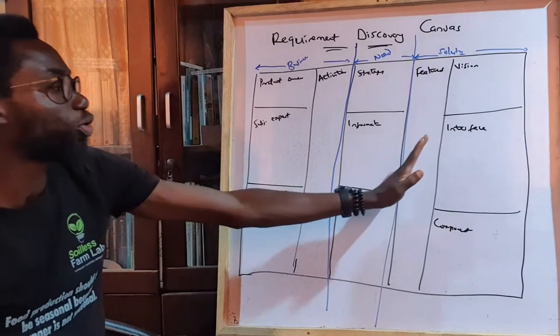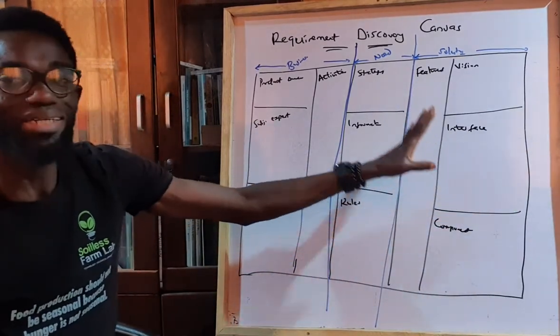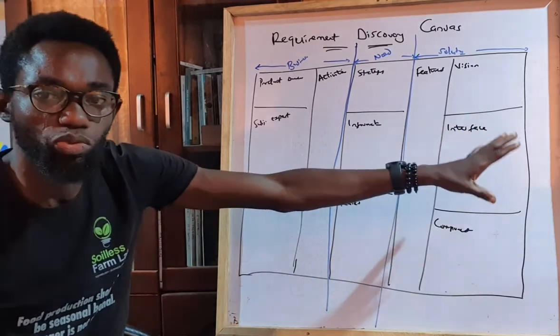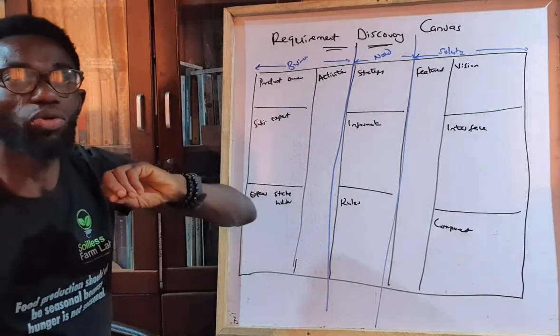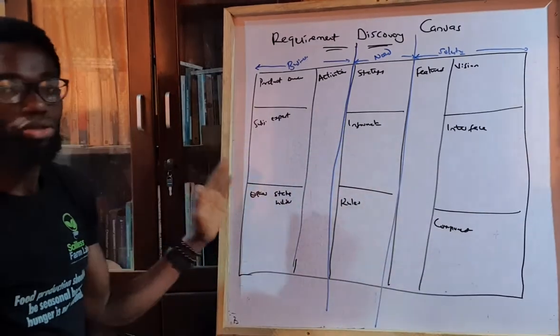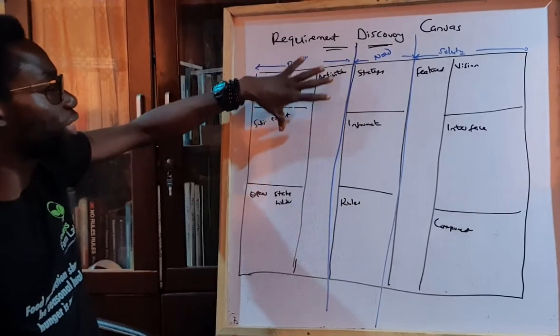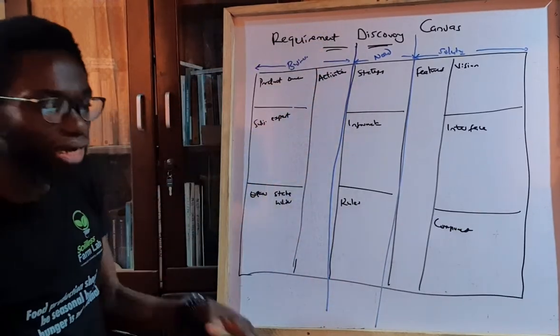The customer only interacts with this aspect. However, the aspect that the customer interacts with cannot exist if these other two do not exist. So we start from section A of the canvas, which is the business aspect.